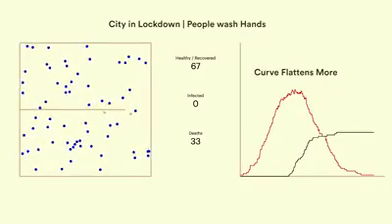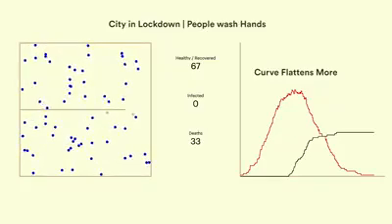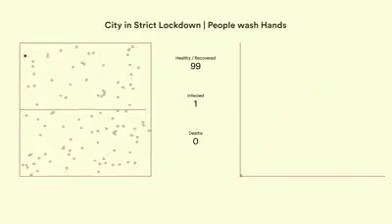What happens if we make the lockdown stricter? Let's say far fewer people can now cross the barrier. Let's see.